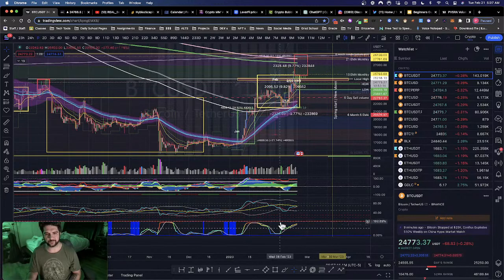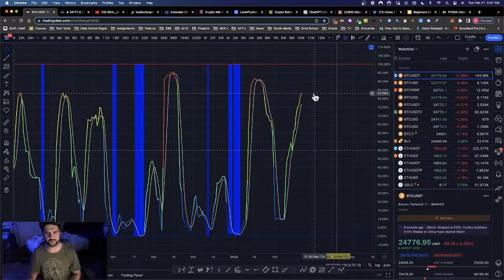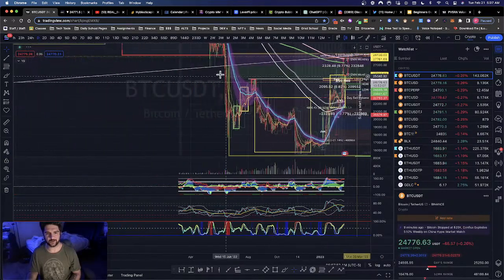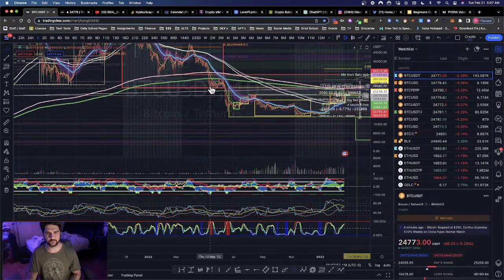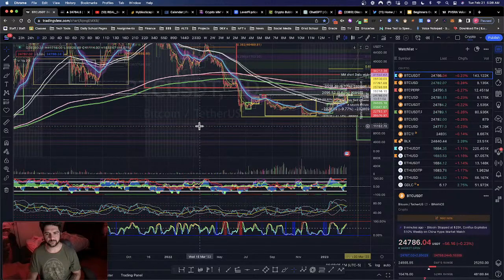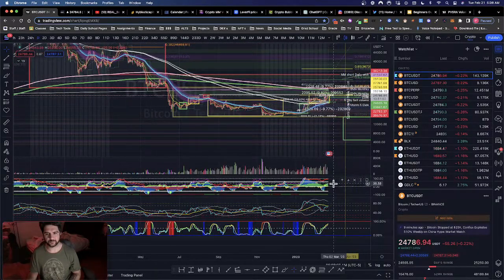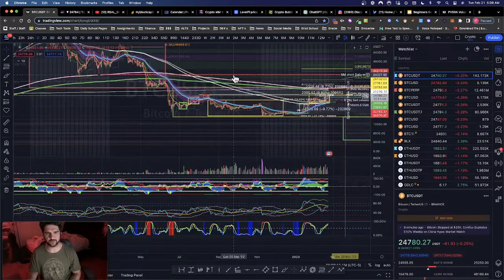And it looks like volatility is about to come in on your daily. The last time that fired off, you got this behavior. This fired off a few times, and you got a mad drop. Your momentum, on your daily at least, is going to be coming to the downside.